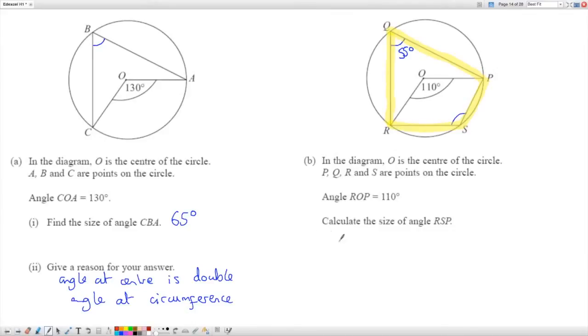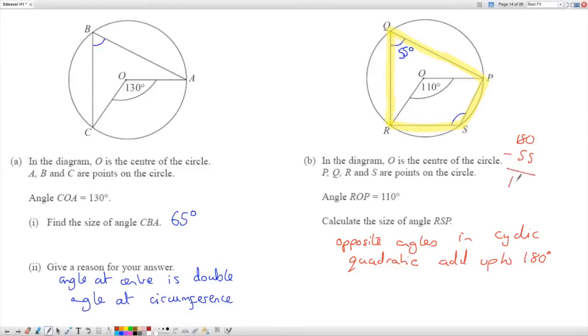And the rule states that opposite angles in a cyclic quadrilateral, a quadrilateral inside a circle, add up to 180. So to find our missing angle here, we are simply taking 180 subtract 55, 125. So our missing angle here for RSP is 125.